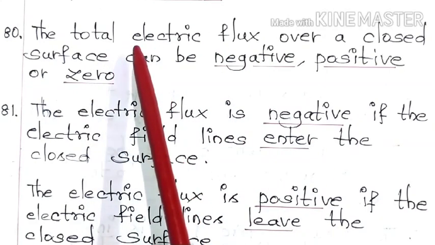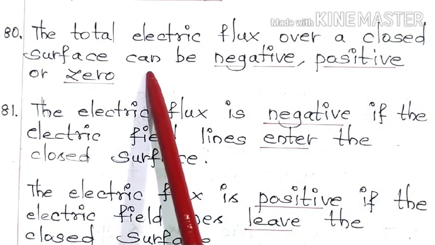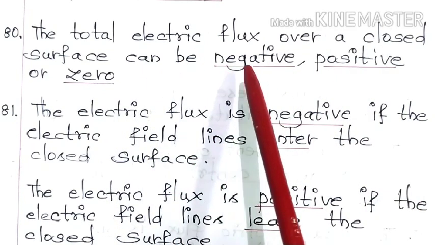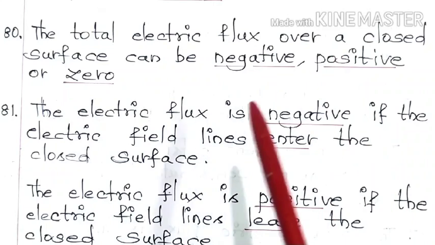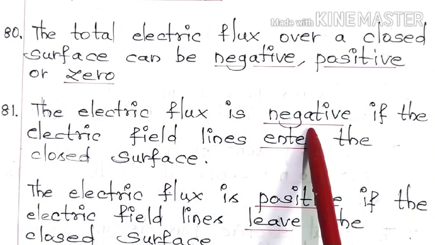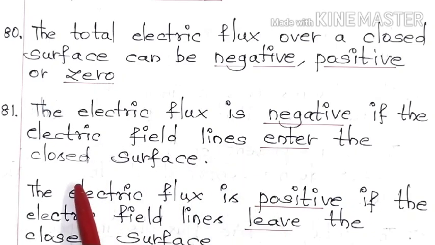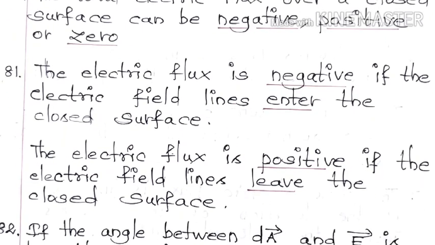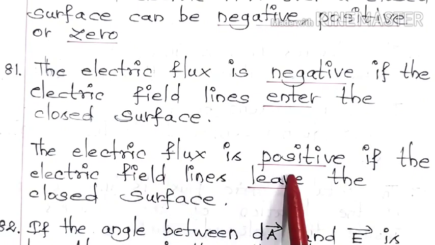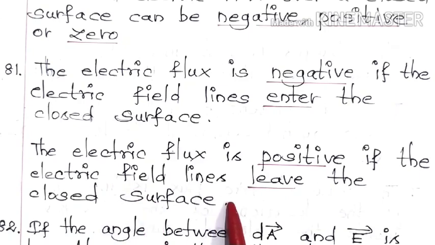Here the total electric flux over a closed surface can be negative or positive or 0. Next one, the electric flux is negative if the electric field lines enter the closed surface, and the electric flux is positive if the electric field lines leave the closed surface.